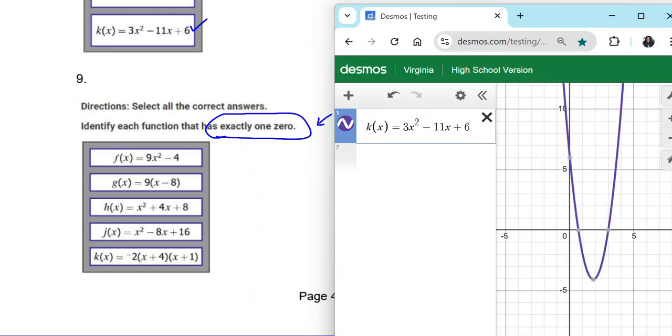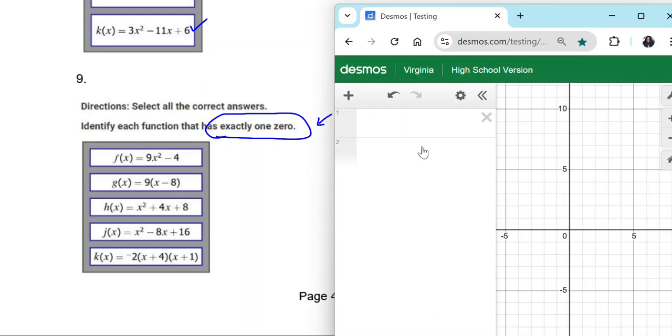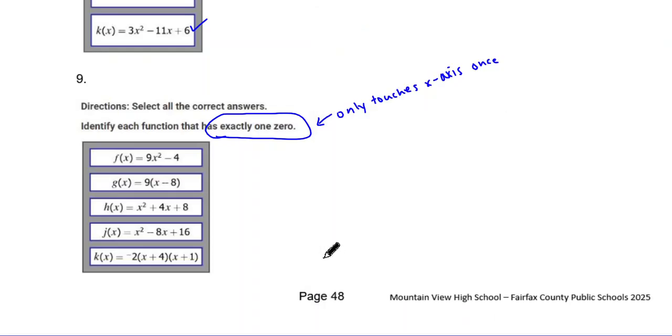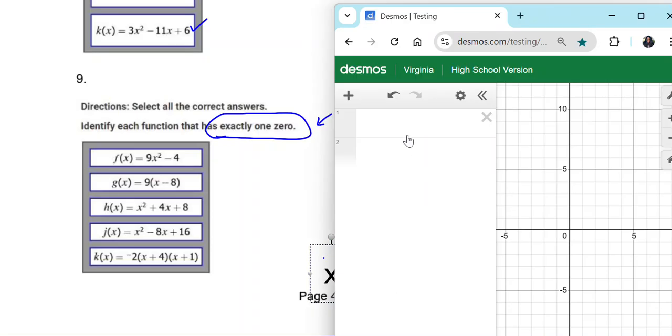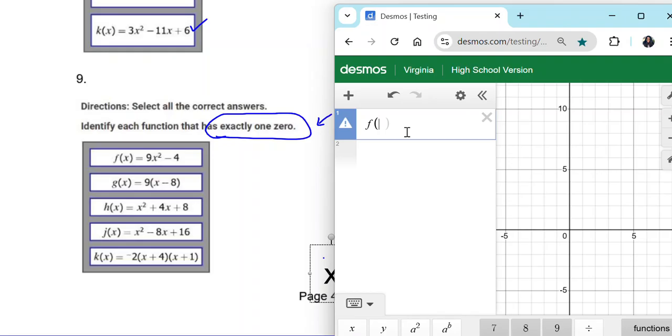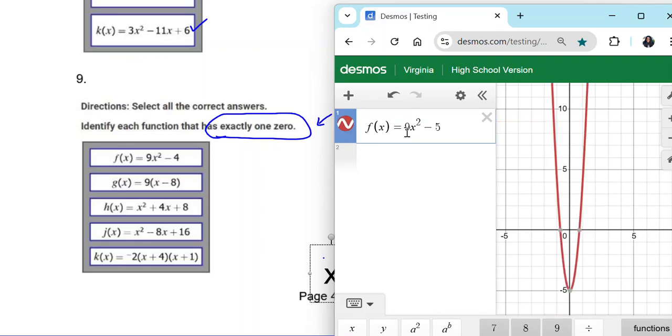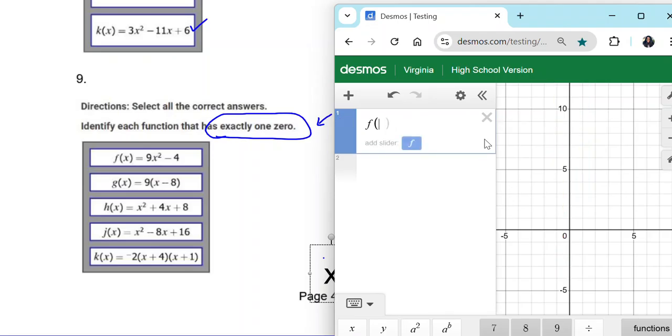Let's just keep typing them. f of x equals 9x squared minus 4. This one has 2 zeros, so I'm not going to choose that. I'm looking for one that only has 1 zero.